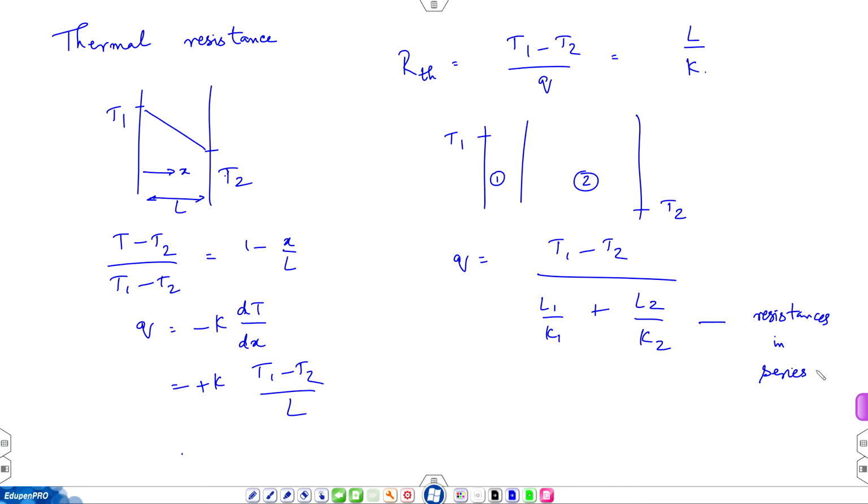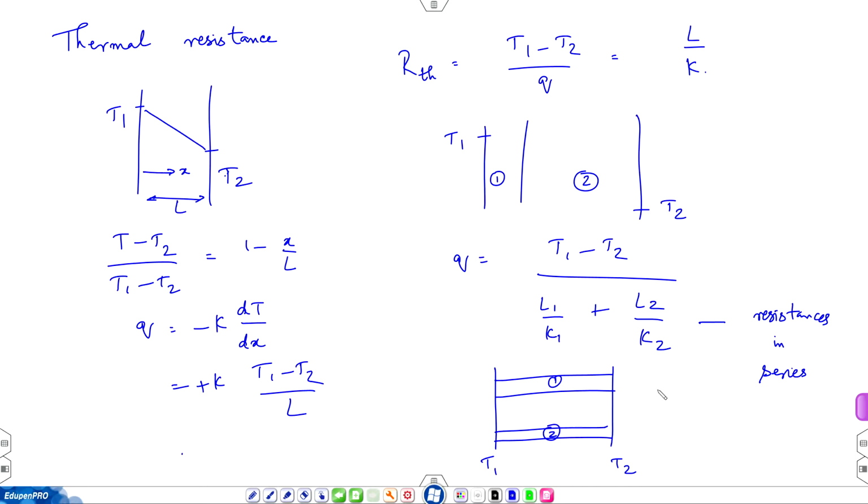So, you can also have resistances in parallel, which are given in the problem sheet I have just sent you this morning. Let us say these are two boundaries with temperatures T1 and T2, and you connect them like this. This is region 1, this is region 2. So, here the resistances are in parallel.